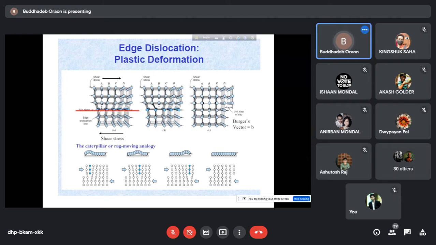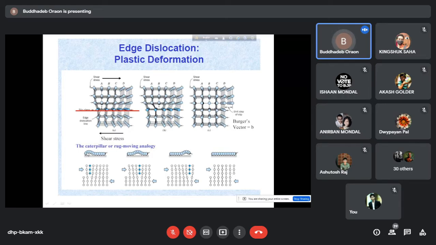Now, how is it related to caterpillar movement? In this first diagram, the caterpillar moves by moving its body sequentially. First it lifts its body towards this side. This position is the position of this extra half plane.